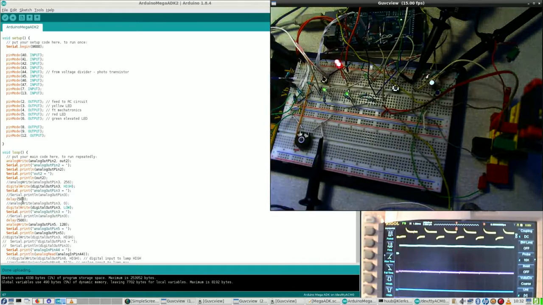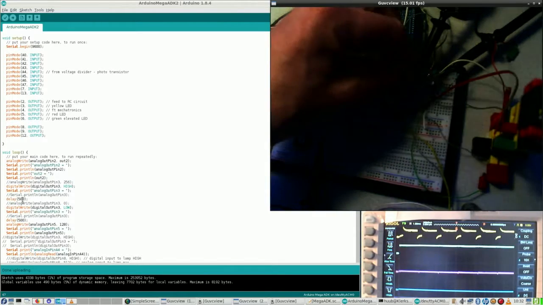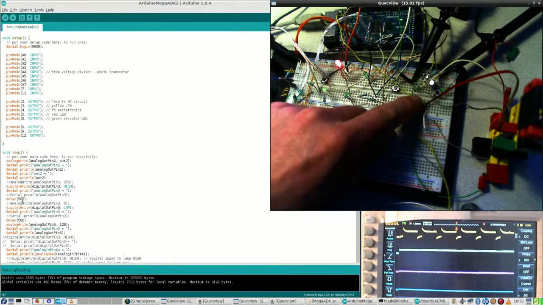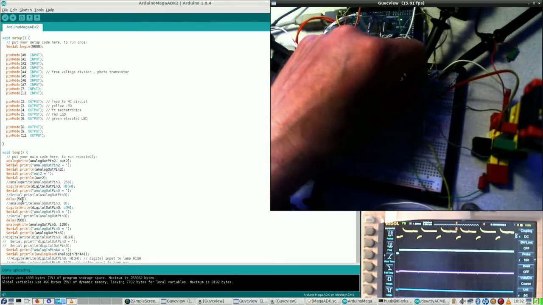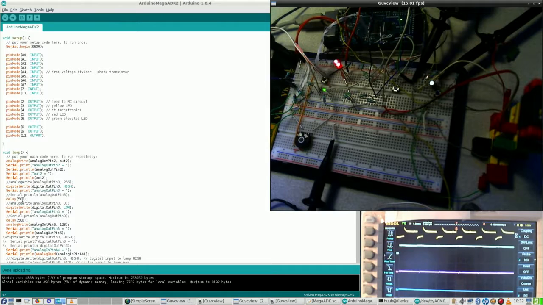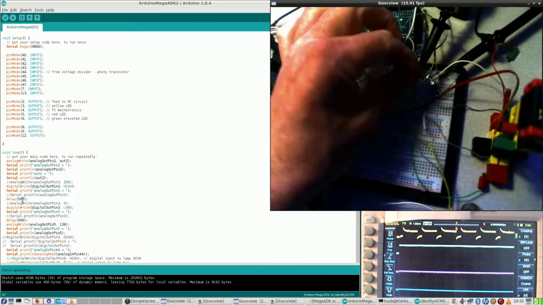And if everything wants to cooperate, if plus and minus are in the correct position, and right now I seem to have a problem, which is plus and which is minus.